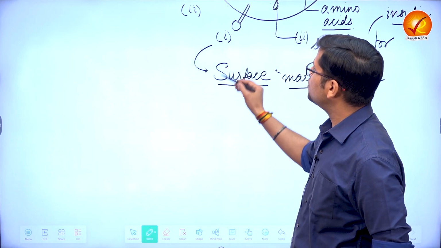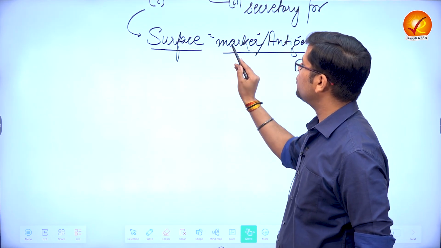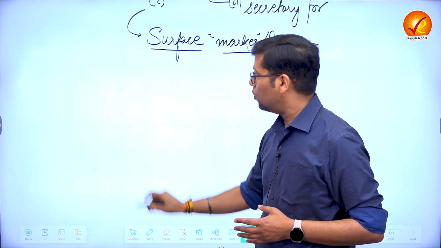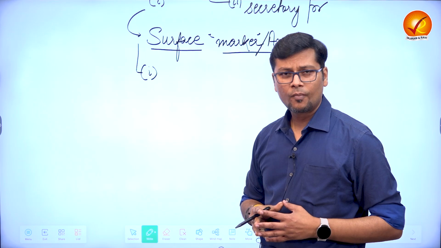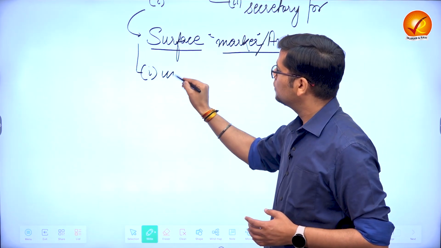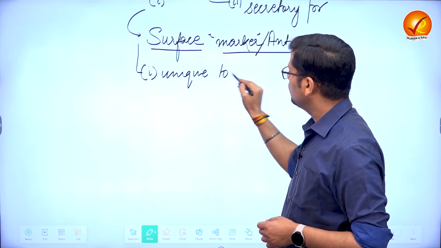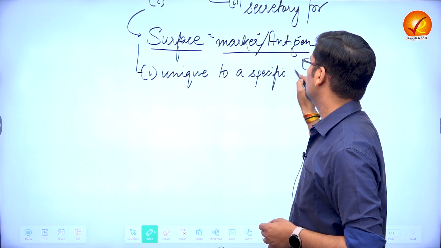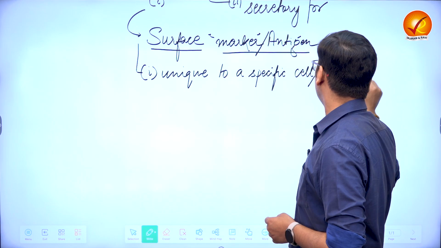There are different types of these surface proteins acting as the surface marker at different levels. See how. Some of the proteins are unique to a specific cell of the body or tissue of the body.